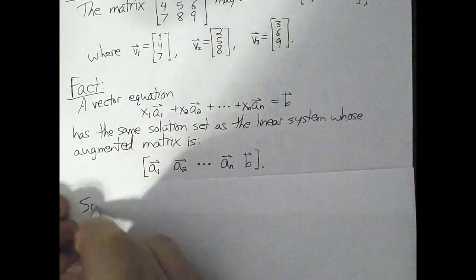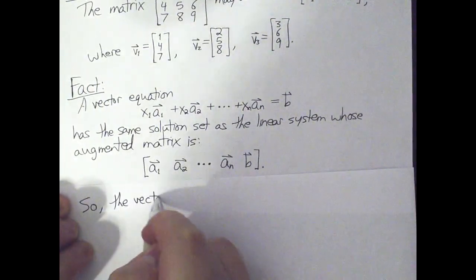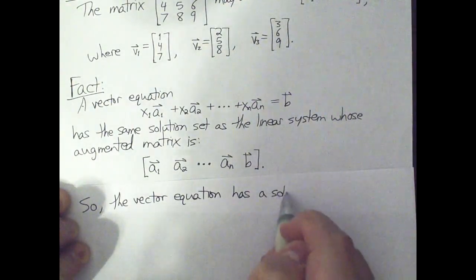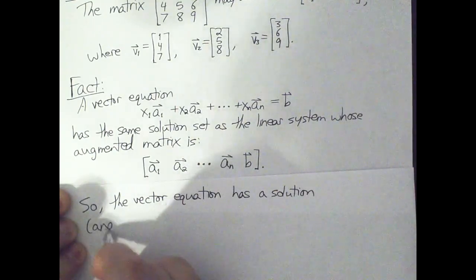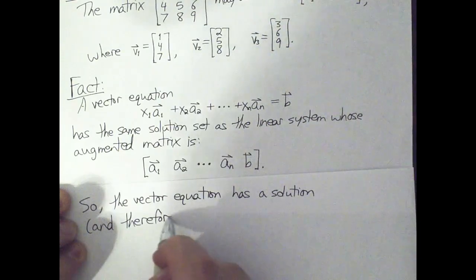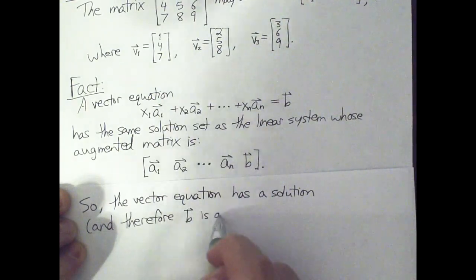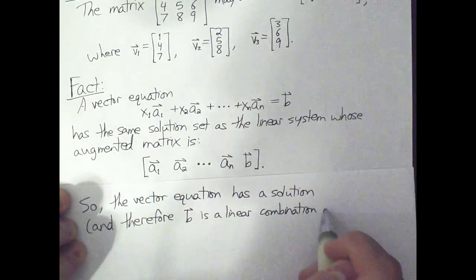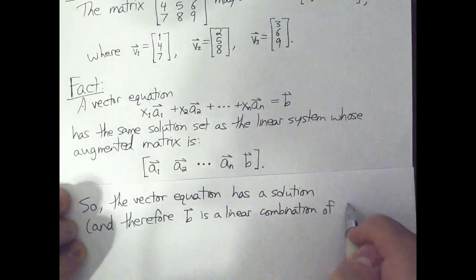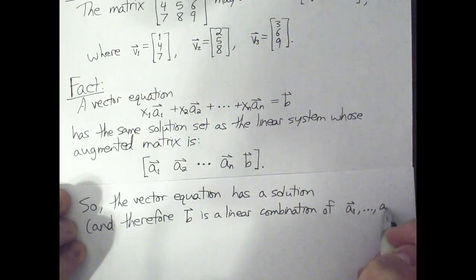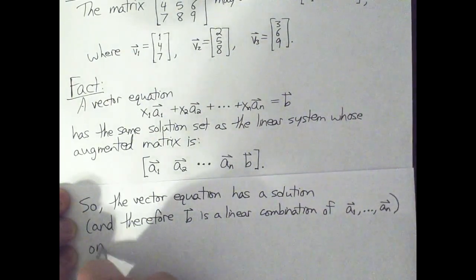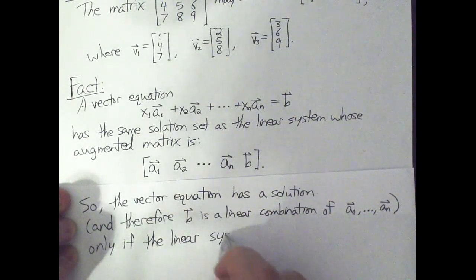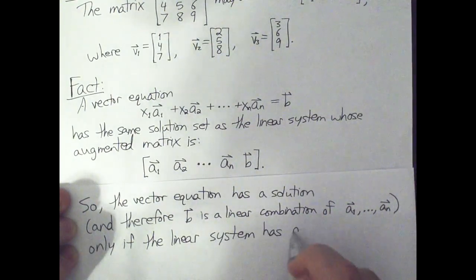So the vector equation has a solution, and therefore B is a linear combination of A1 through AN only if the linear system has a solution.